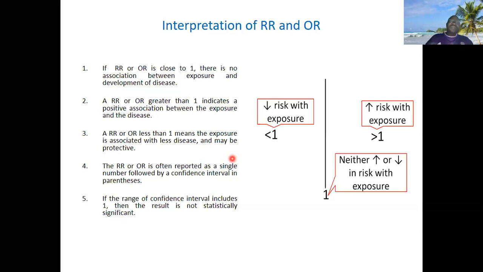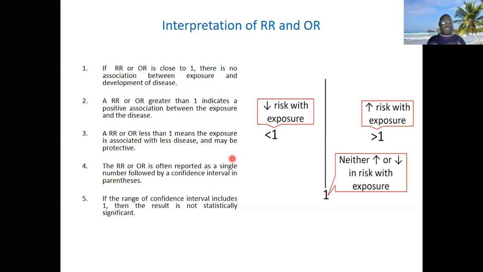So the risk is smaller among the people you think are exposed than among the non-exposed. In that sense, that particular factor is actually protective. It's not causing the disease. It's even protecting against the disease. That is when the odds ratio or the relative risk is less than 1.